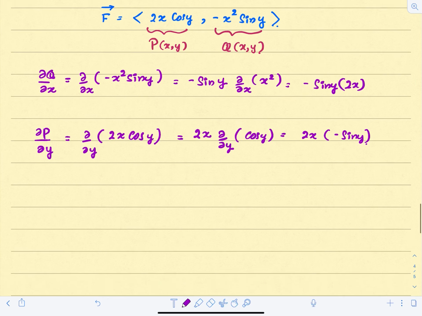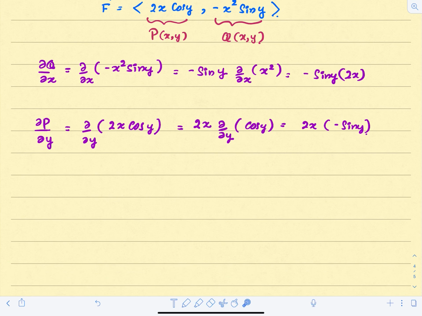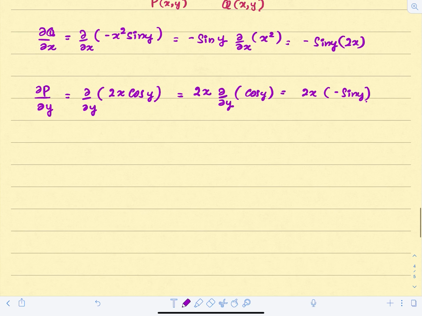As you can see, partial Q over partial x equals negative sine y times 2x. Partial P over partial y equals 2x times negative sine y. And therefore, partial Q over partial x equals partial P over partial y.